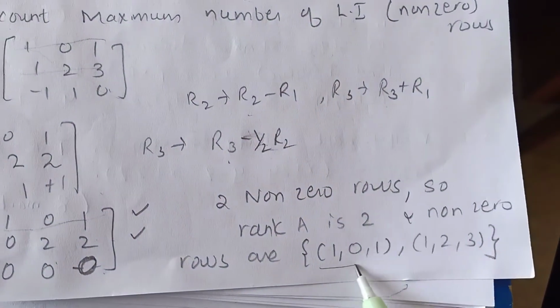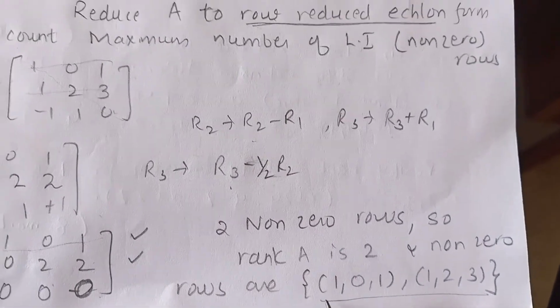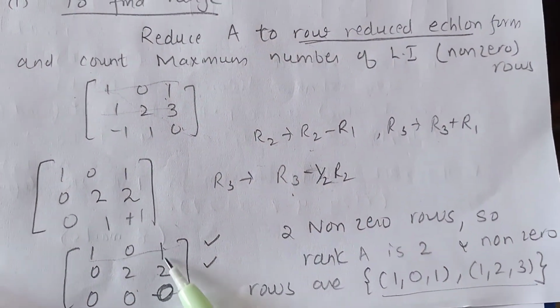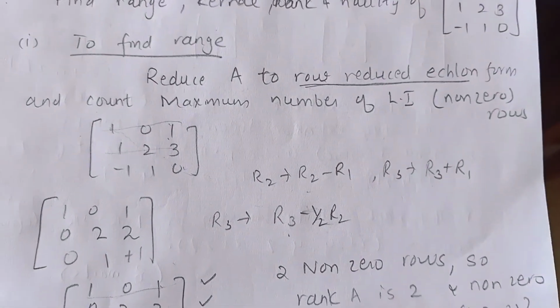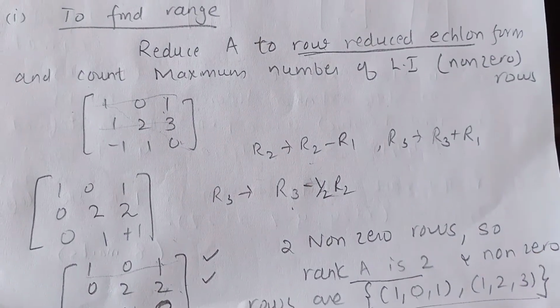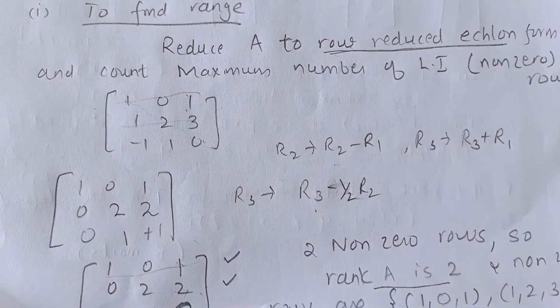So the range of the matrix is these two vectors, the first vector and the second vector, corresponding to those for which we have obtained non-zero rows. And since there are 2 non-zero rows, the rank of this matrix is 2.